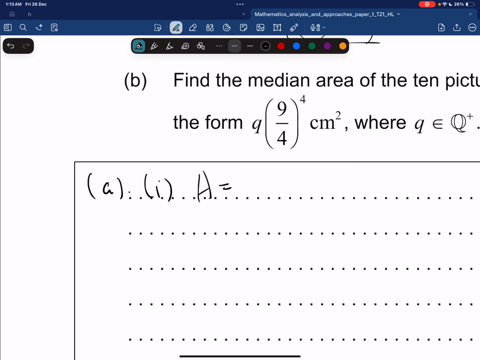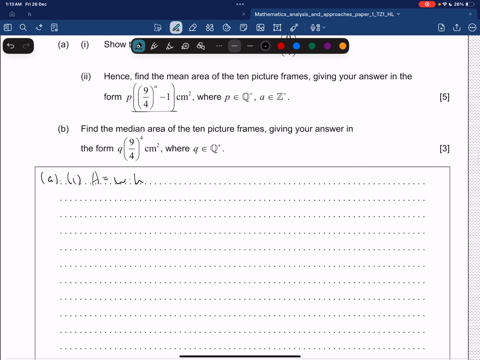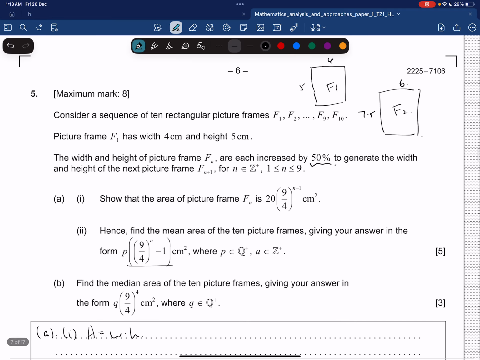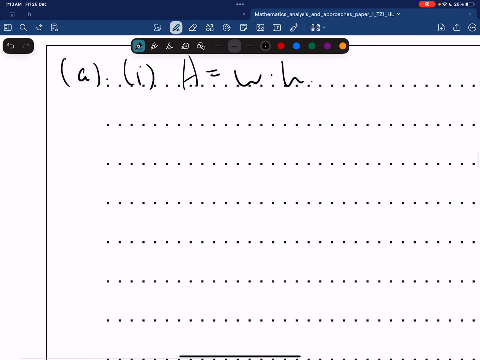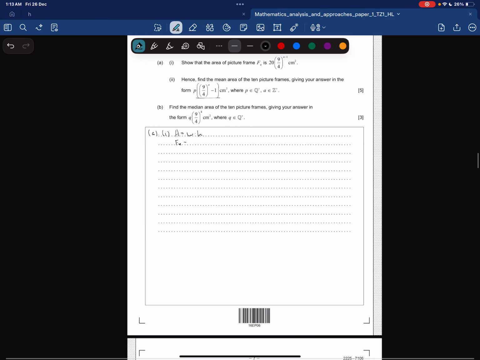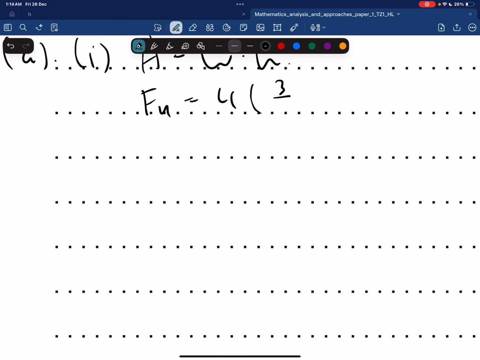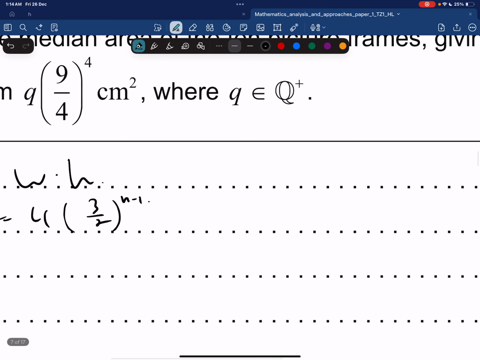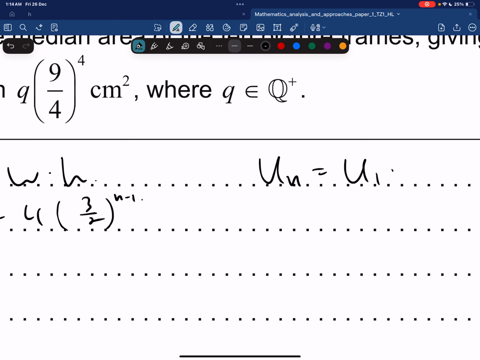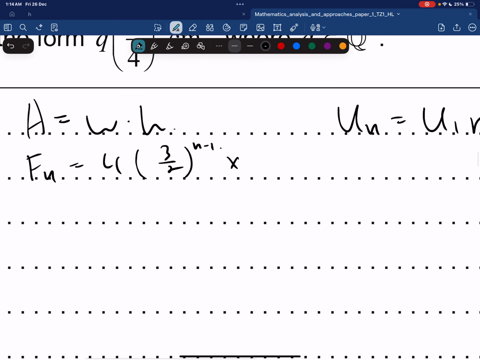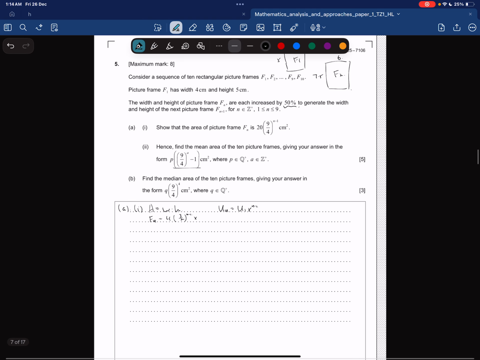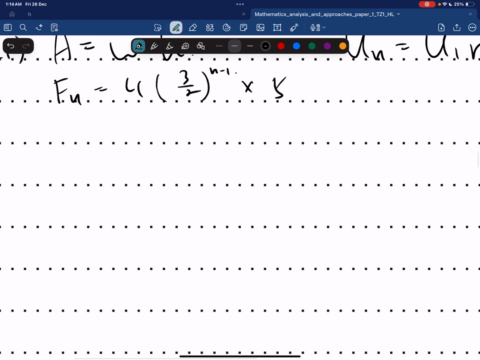the area is the width times the height. And the general area term would be the general width term times the general height term. The starting width is 4, so 4(3/2)^(n-1), as un is u1 r^(n-1), times the starting height, which is 5, with the same ratio of (3/2)^(n-1). 4 times 5 is 20.